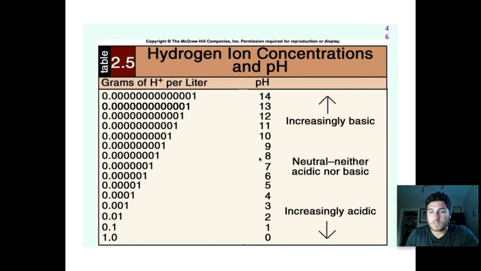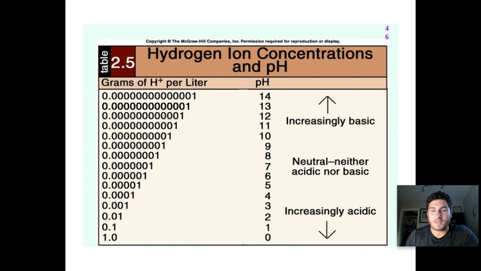If you get a promotion and you go to an 8 on the scale, that means your salary just went up 10 times. Your salary just went from $10 an hour to $100 an hour. That's what I'm talking about when it comes to the pH scale. You don't just jump from 7 to 8.